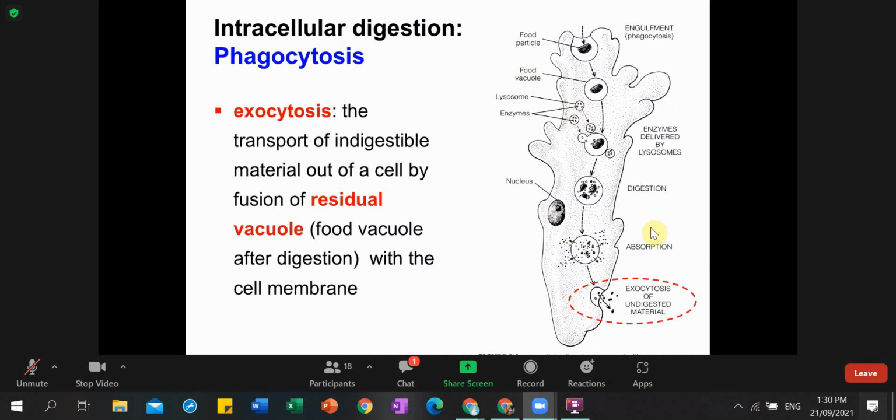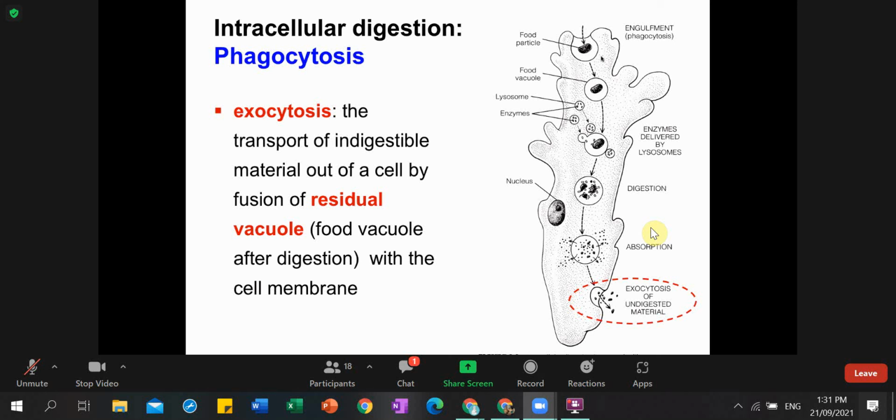And now the residual vacuole fuses back to the cell membrane, and they release this undigested stuff back to the environment. Is it clear now?